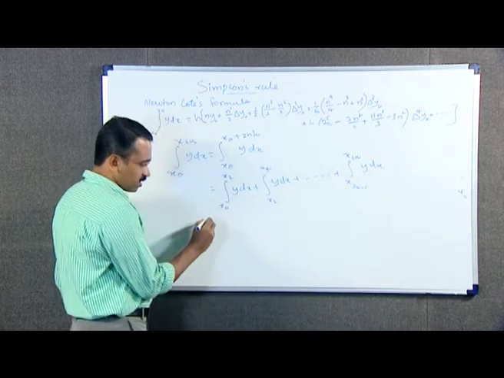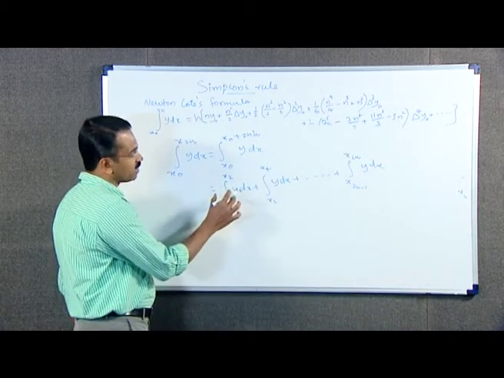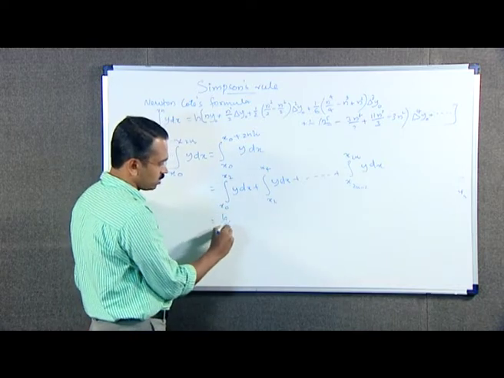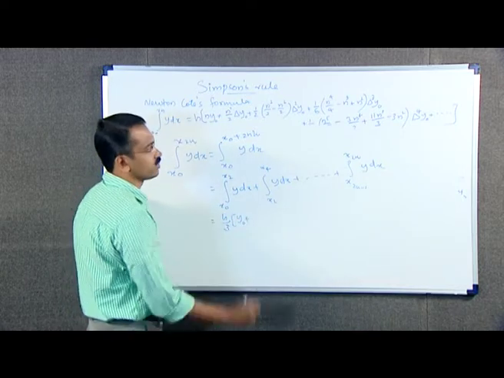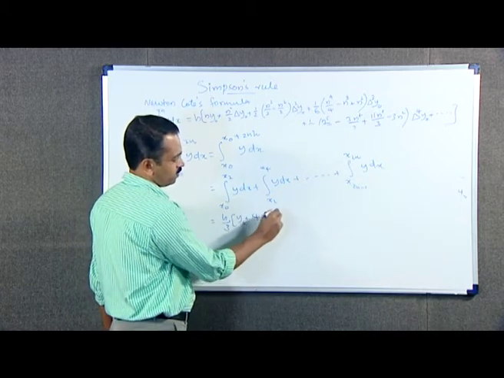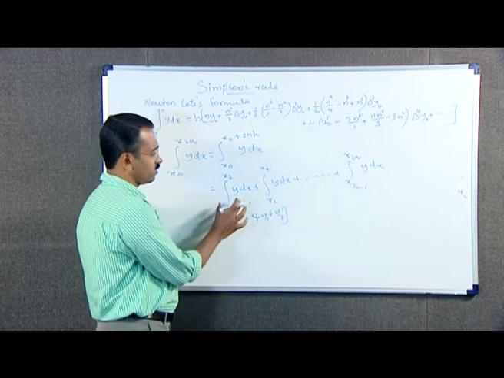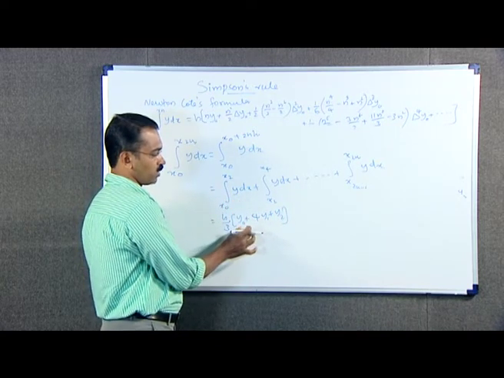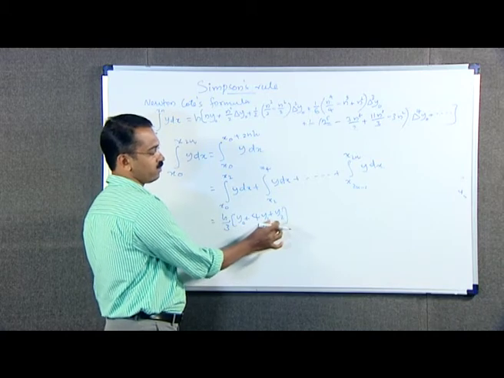which is equal to, the value of this integral is h by 3 into (y0 plus 4 y1 plus y2). We just derived the value of this integral as h by 3 into (y0 plus 4 times y1 plus y2).